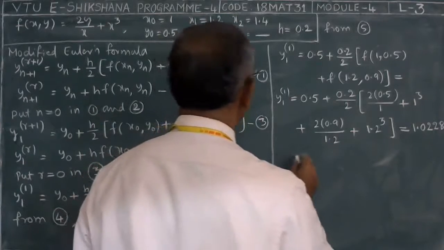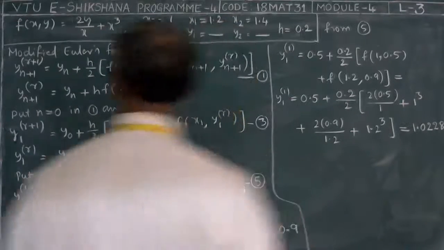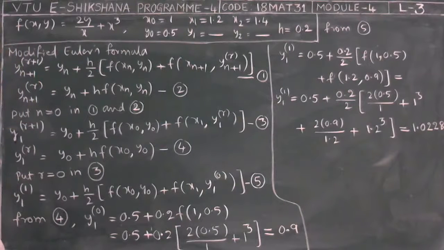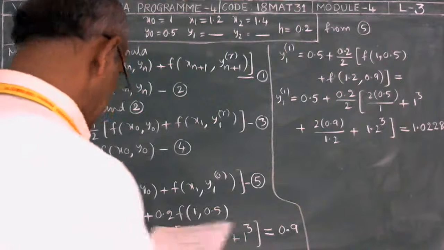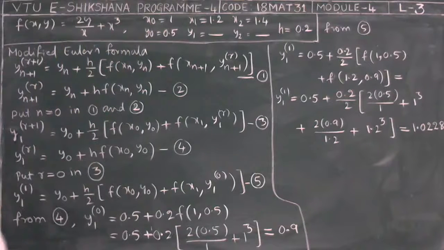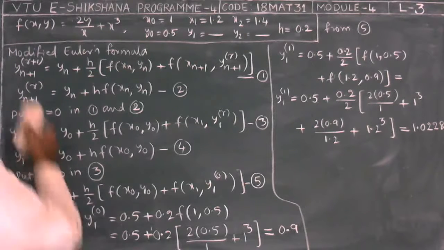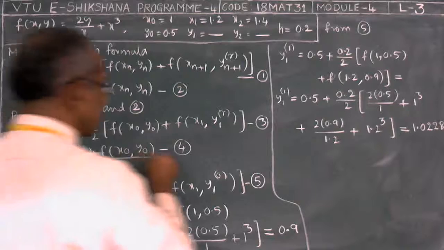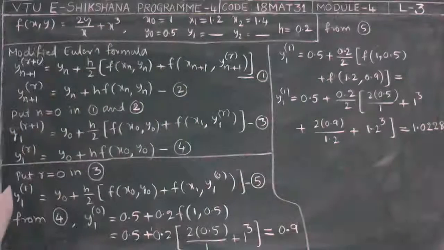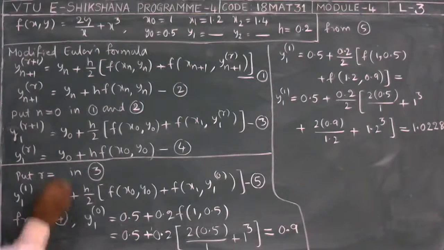So now to find y12, the second iteration, what I have to do? I have to put r is equal to 1 in 3.